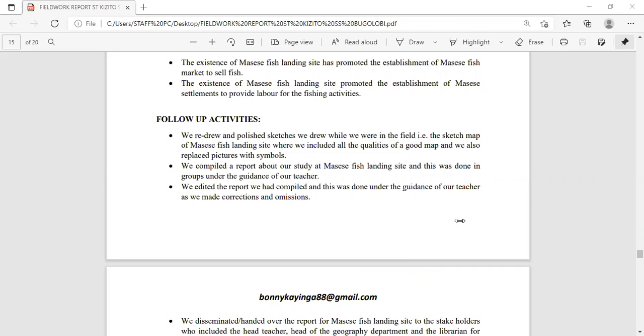So when we are giving pre-field activities, we follow what we call PTOM, whereby we start with the pilot study, followed by the topic of study, objectives of study, method of study, tools to be used, and group organization.